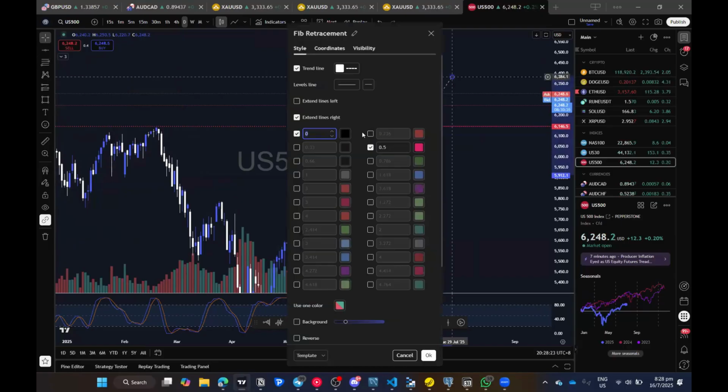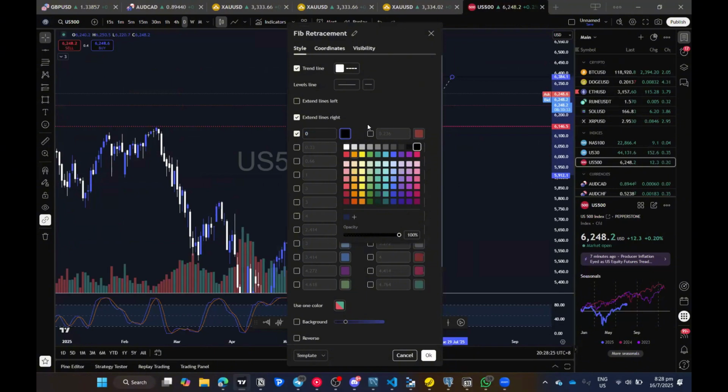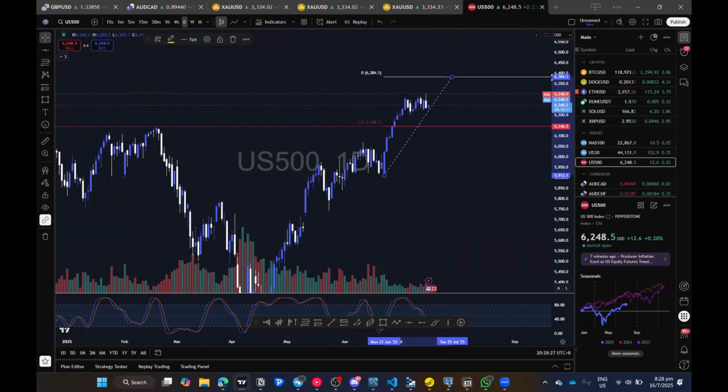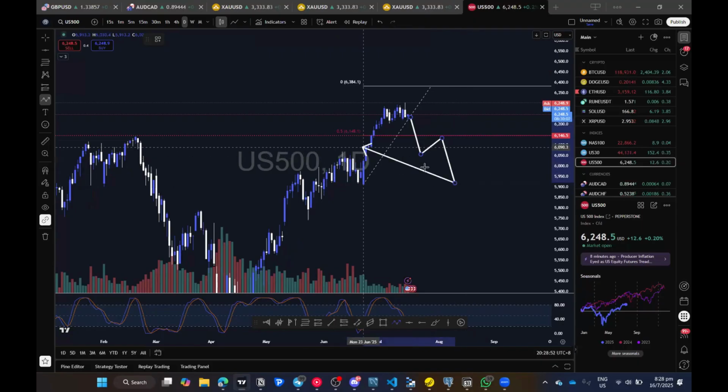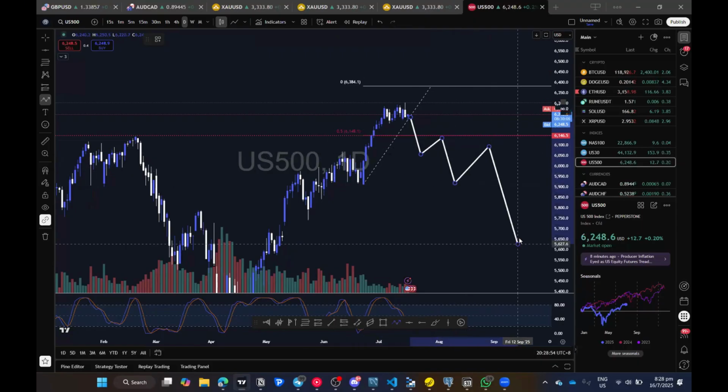So unless we see a move to 6384, we are continuing this move to the upside with our equilibrium at 6,148. Otherwise, if it falls back down to this level, this is probably not going to be a strong support, and we are going to see at least this head forming, and then maybe the shoulder forming before moving to the downside.